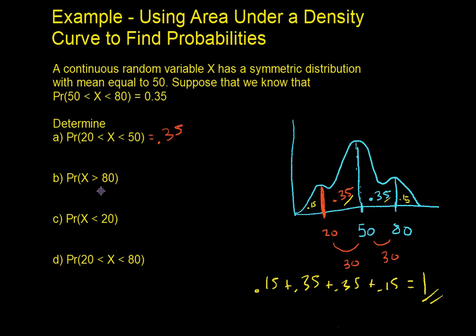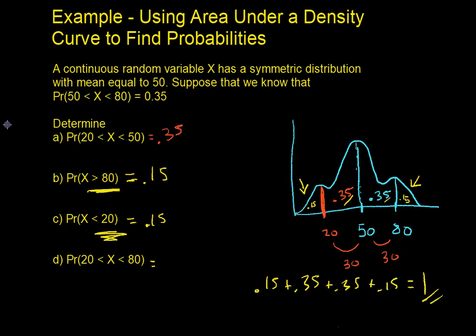So the question was, what's the probability x is greater than 80? That's that little piece right there, so that is 0.15. Next question: what's the probability x is less than 20? Well, that's that little piece right there, so that's also 0.15.